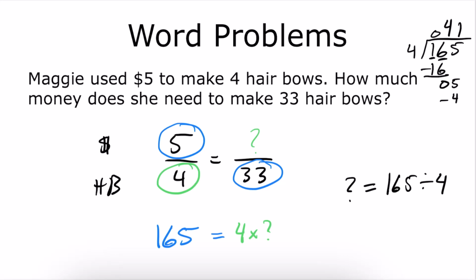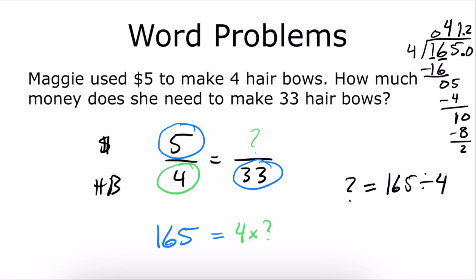One in each group takes care of 4 of the ones, and I have 1 left over. Then I could exchange that 1 for 10 tenths, and I would have 10 tenths split up into 4 groups, which gives me 2 tenths. And I'm realizing I should have given myself more room. But if I have 2/10 in each of my 4 groups, then I have 2/10 left over because I used up 8 of my tenths.